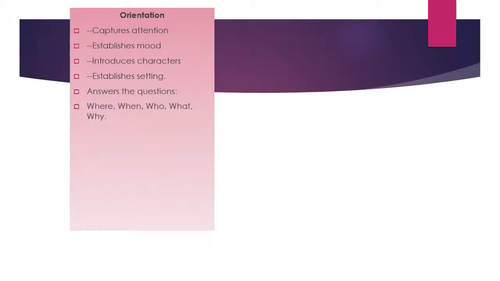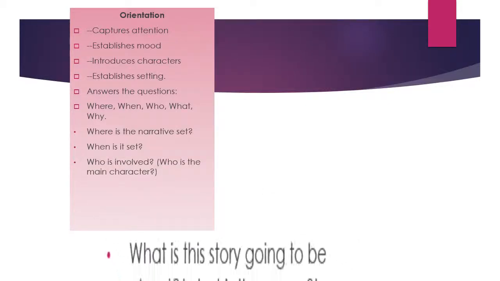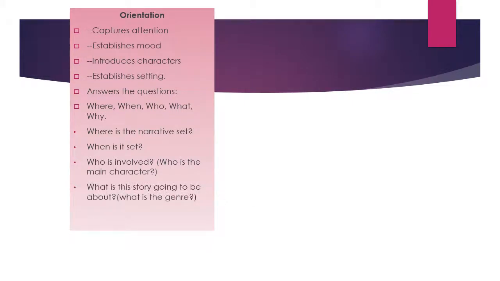Now, if you use your descriptive language, your sensory description, your figurative language, and the techniques to describe your character and setting, you will capture the audience's attention, establish mood, do all of the things that are described on this slide. Okay, so you've already been given the tools to do this part.